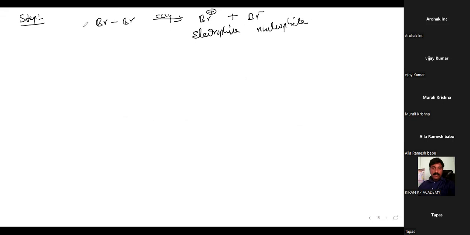Yes. Now let us do the mechanism. Step 1: in this case, Br2, in presence of the alkene, will generate an electrophile. This is the electrophile and this one will be the nucleophile.